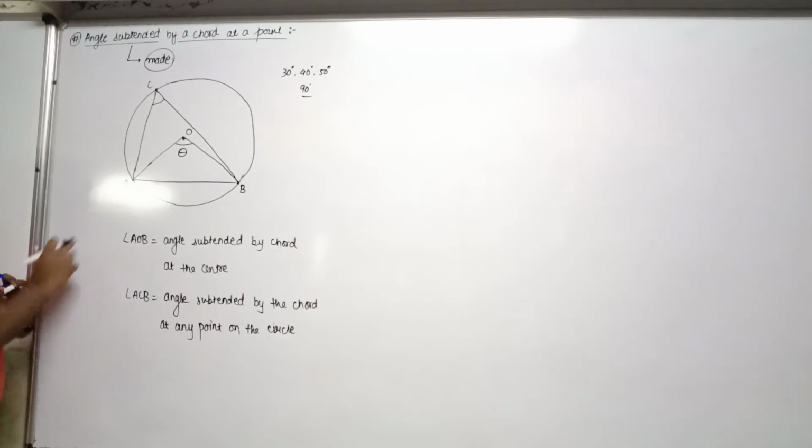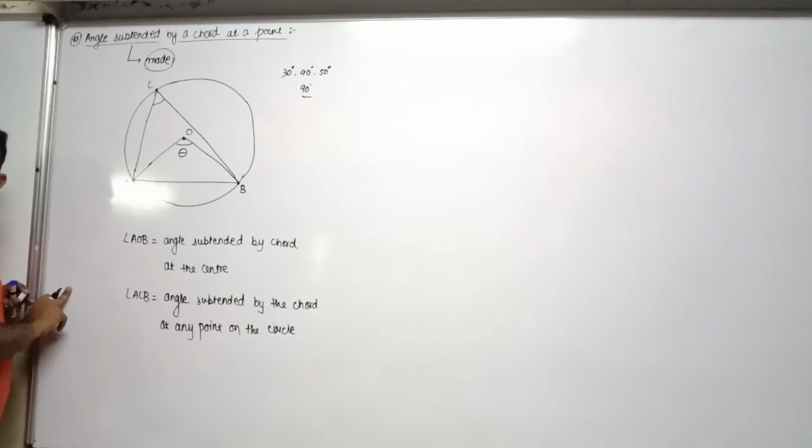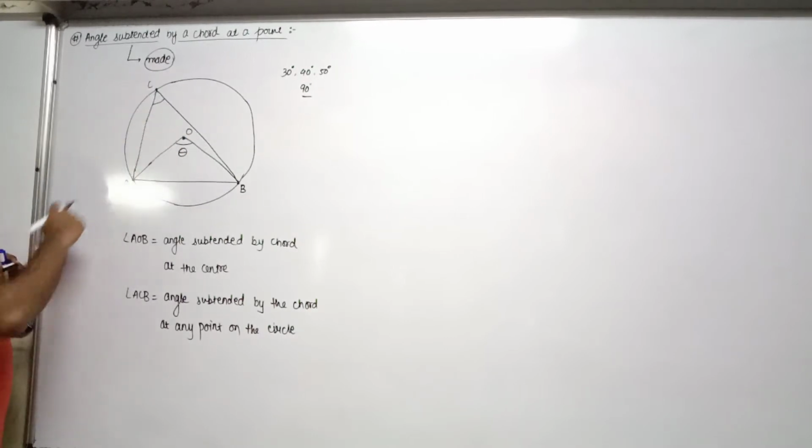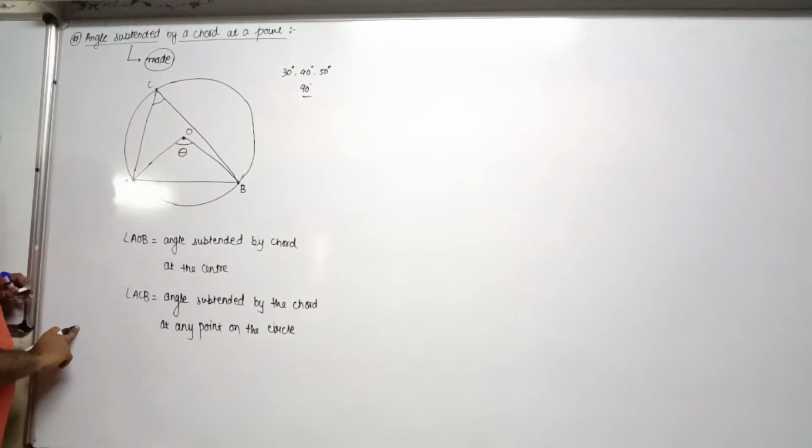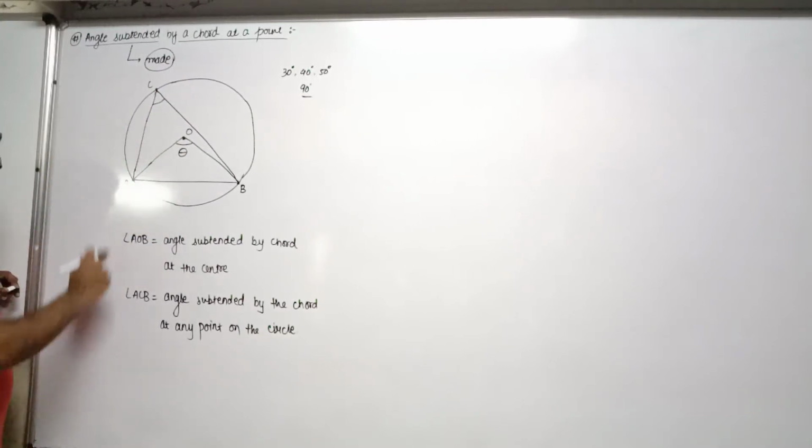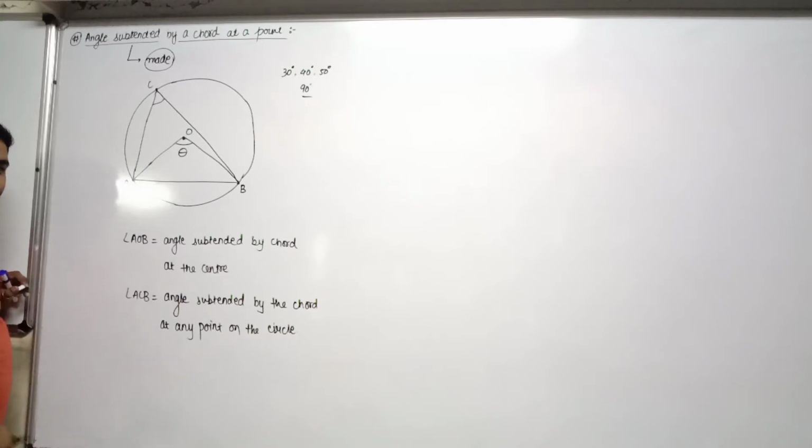Now you can clearly see that this chord divides the circle into two segments, the major segment and the minor segment. So this is the major segment, this is the minor segment. That will be the major arc, this will be the minor arc.